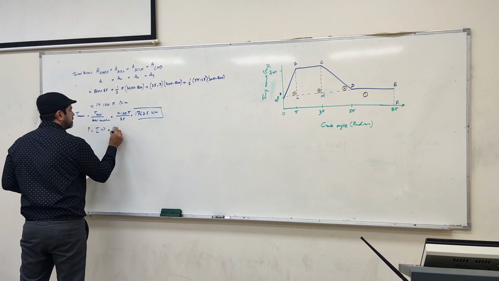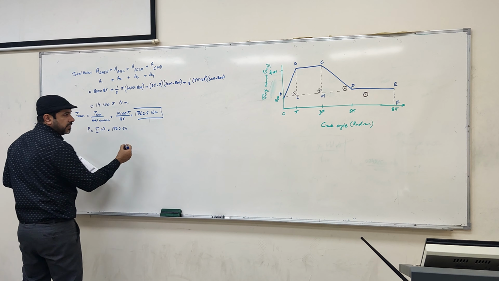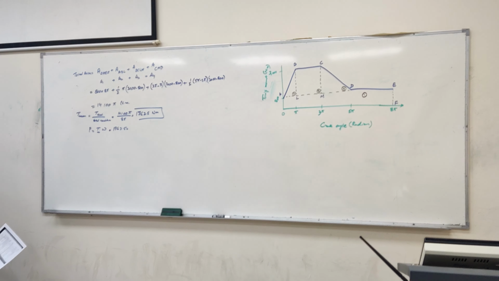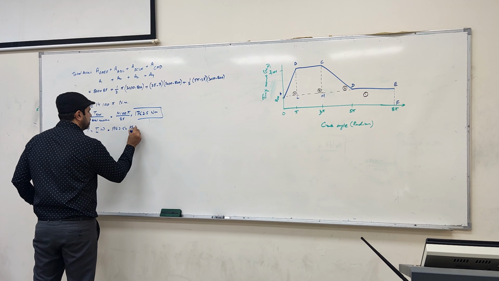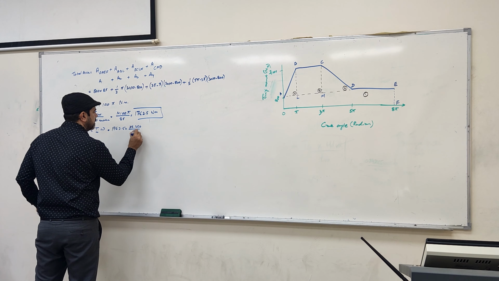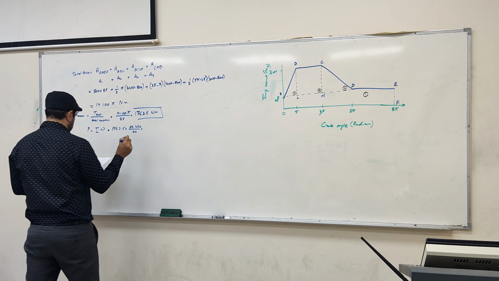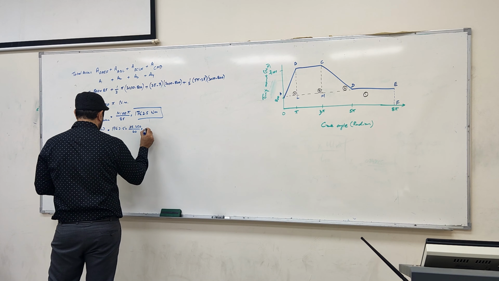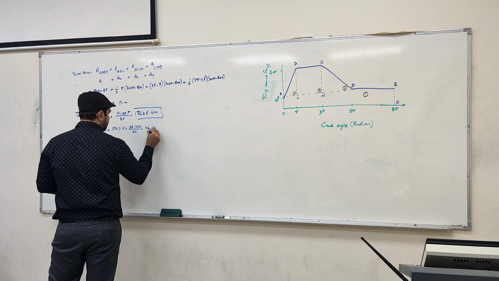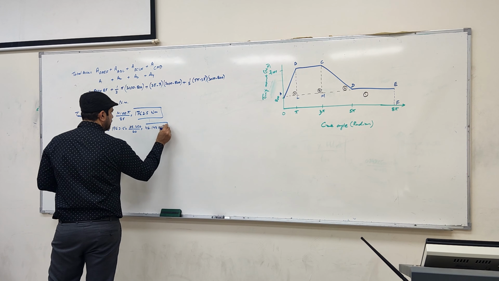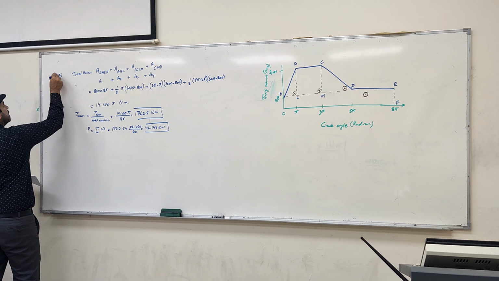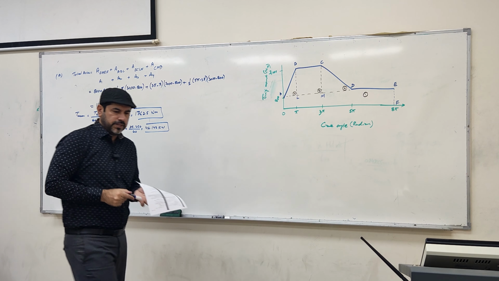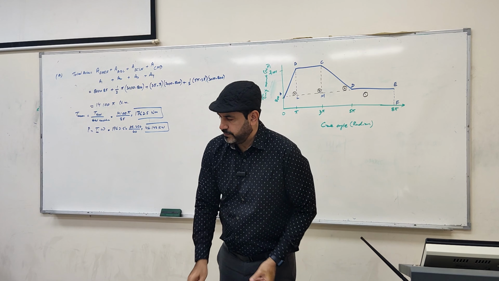So 1762.5 multiplied by, we need to convert the RPM into radians per second, 2 pi 250 over 60. And hopefully you'll get some answer, which is 46.143 kilowatt. So the part A completes here. Any question?